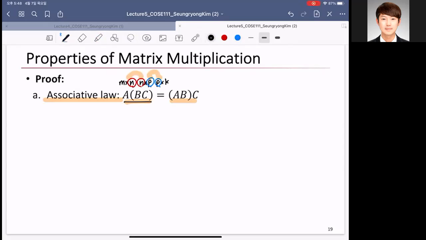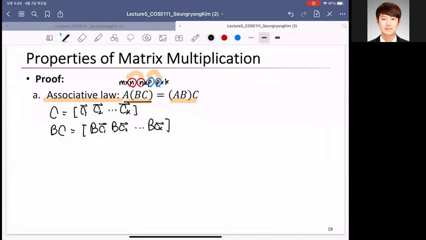First of all, let's say our matrix C is c1, c2, up to ck. In this case, BC is going to be B times c1, B times c2, up to B times ck.